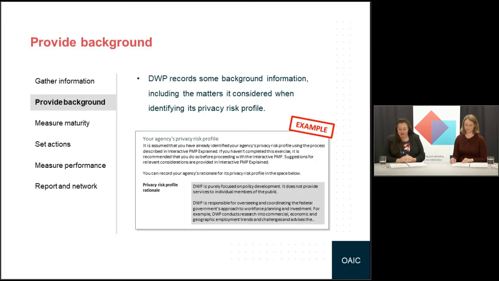Remember that the PMP Explained resource provides additional information that will be really useful to you. You should take the time to reach a well-supported conclusion on your agency's privacy risk profile because it's going to inform your agency's privacy goals and targets.